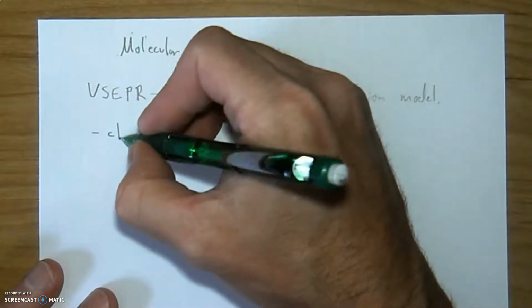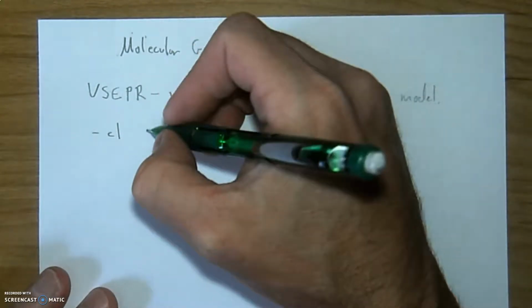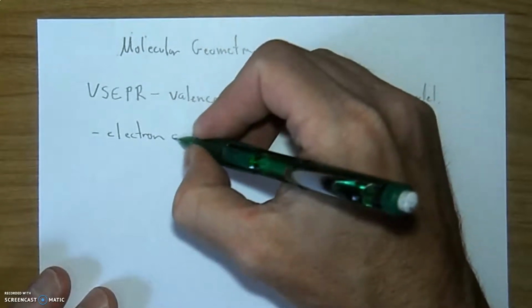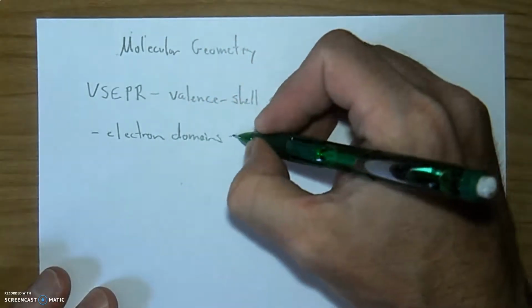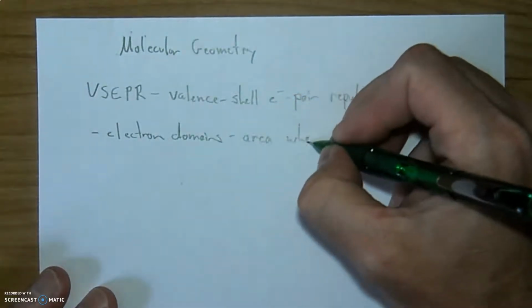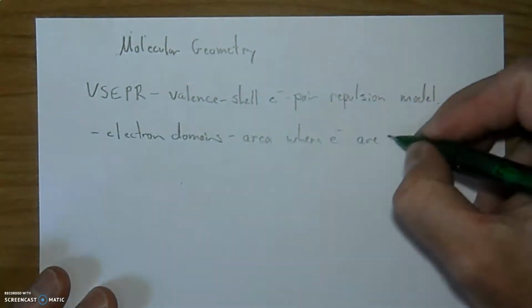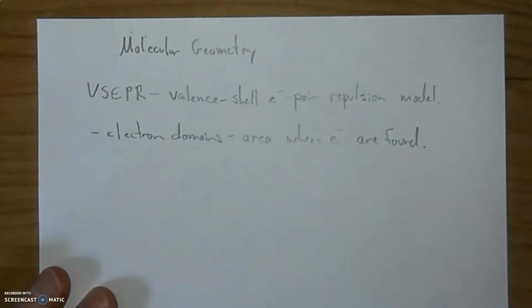One of the ways you can have this conversation or look at the molecule itself is looking at the electron domains. And what that refers to is an area where electrons are found. And that's a little bit vague, and that's okay, that's good. So an area where electrons are found.